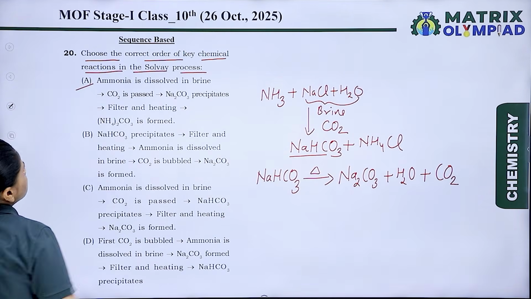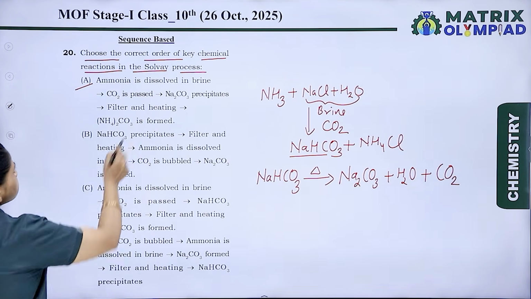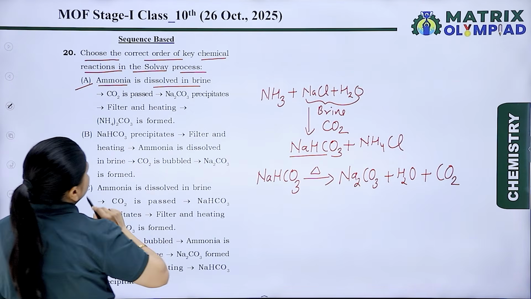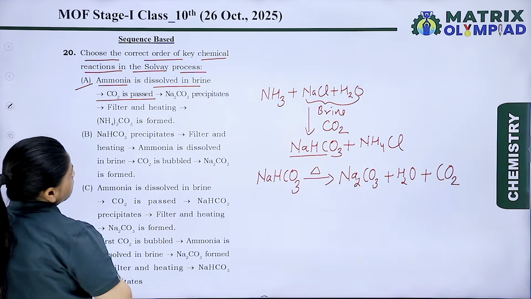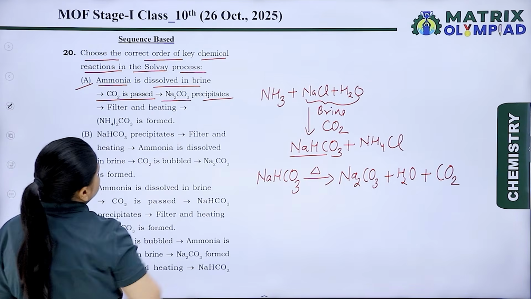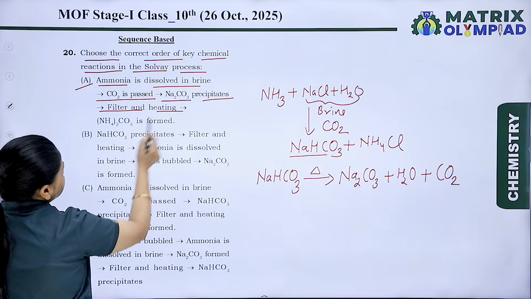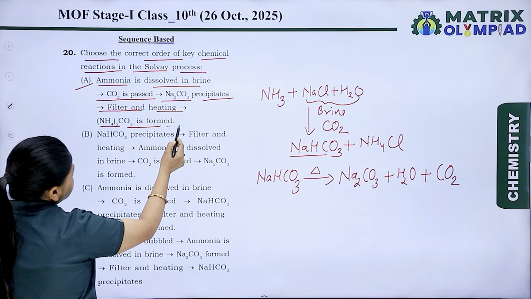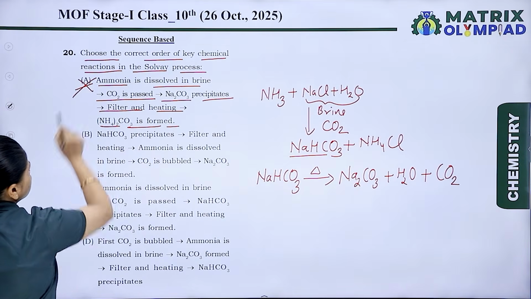Sequence option A. Ammonia is dissolved in brine, CO2 is passed, Na2CO3 precipitates, filter and heating, ammonium carbonate is formed. No, this is wrong.